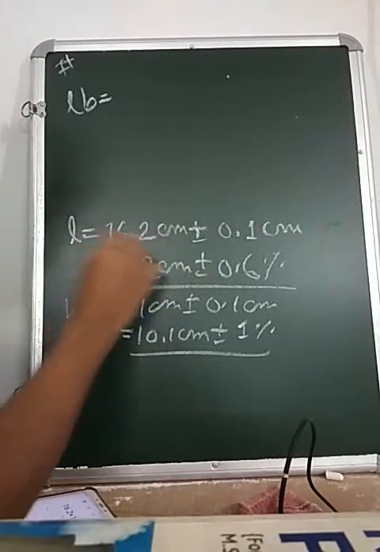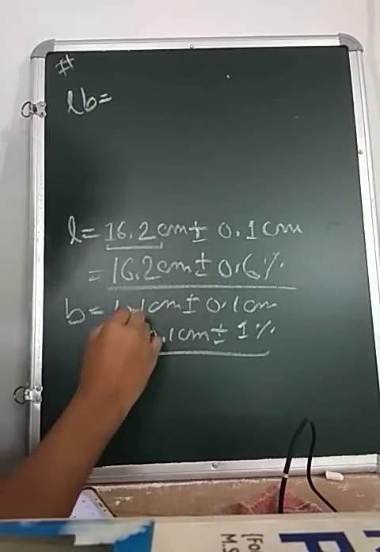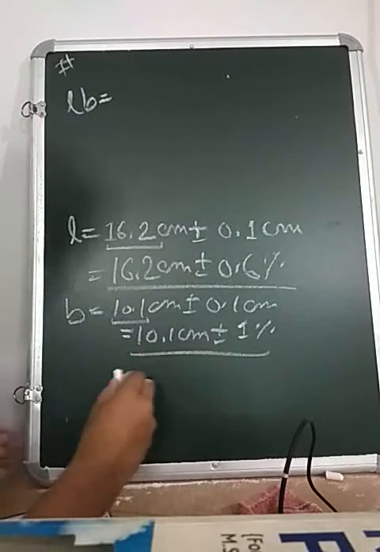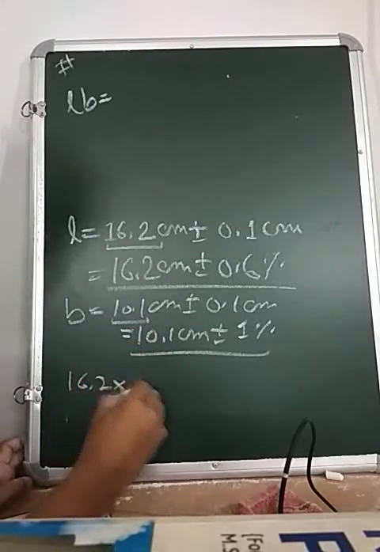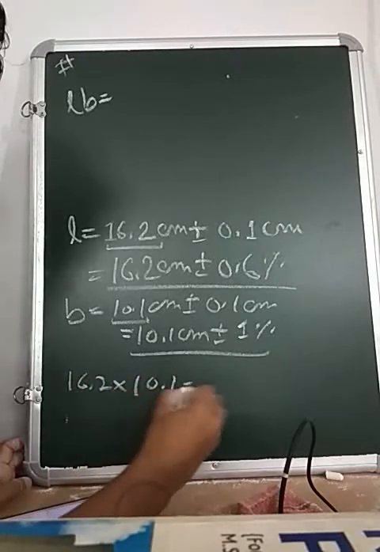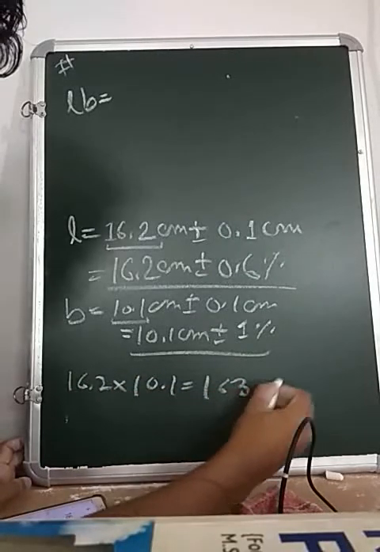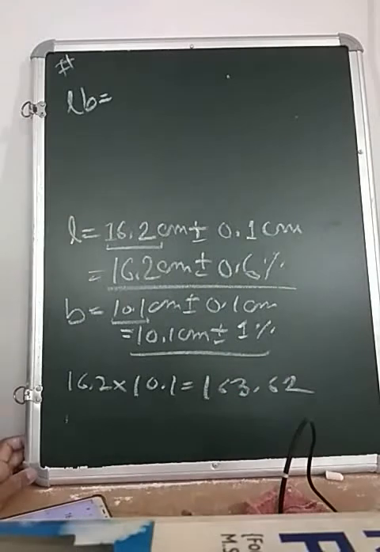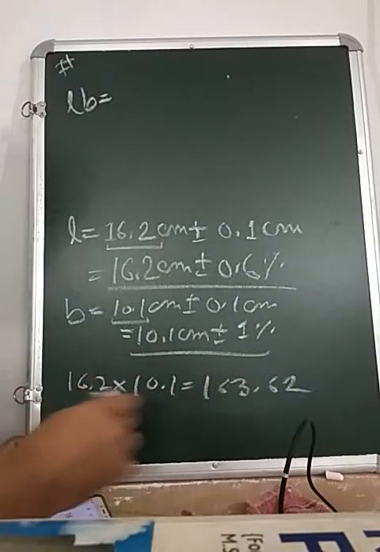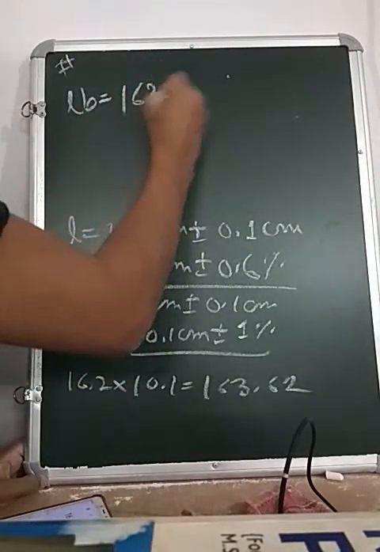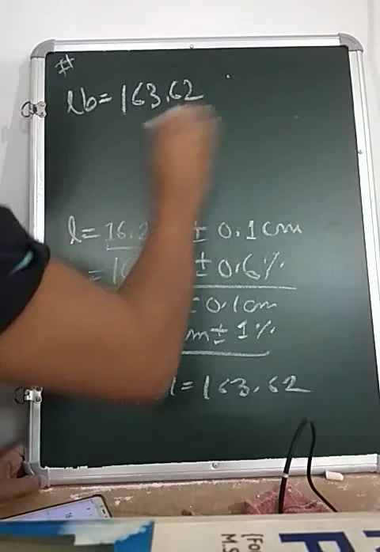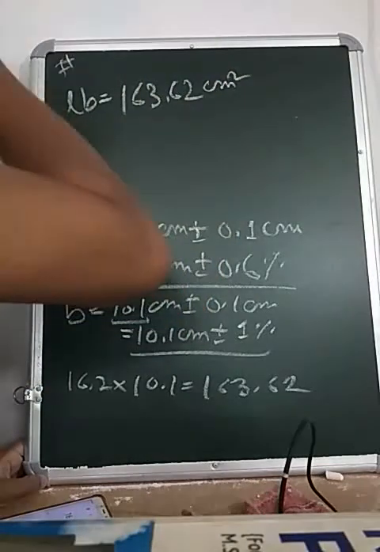After multiplying L and B, we multiply the first term and the second term, so 16.2 into 10.1 is equal to 163.62. Okay, so it will be 163.62 centimeter square.